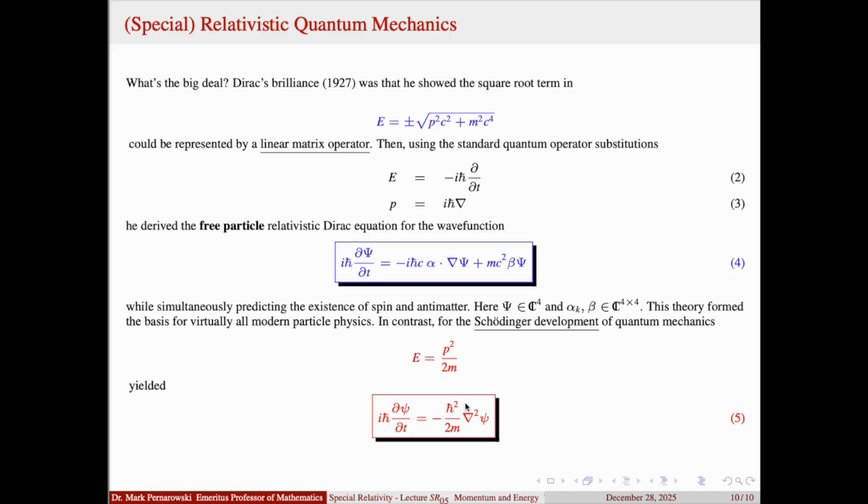for the free particle. So Schrodinger did this first, and then Dirac did this second, and all they're doing is taking an energy dispersion representation of the energy and momentum operators, and then deriving the formula for the wave function. So this thing in blue that Dirac got, it's the basis of pretty much all of modern physics.